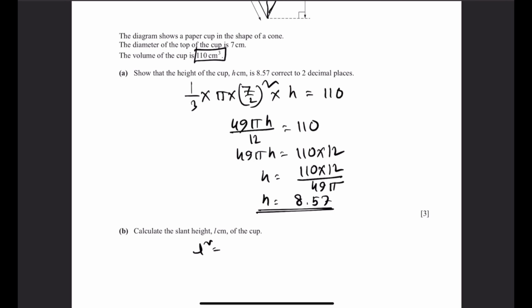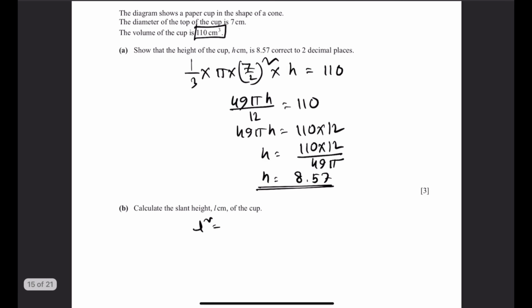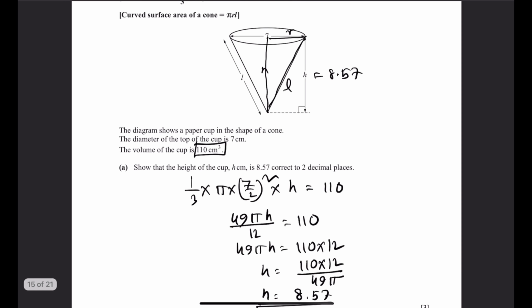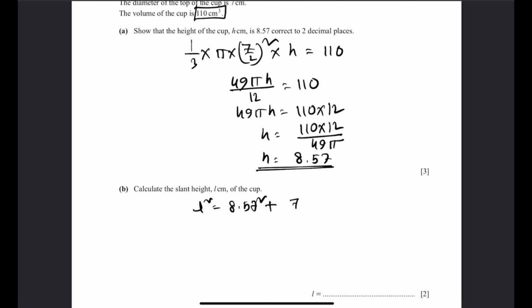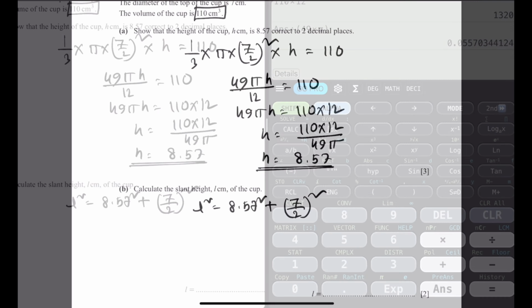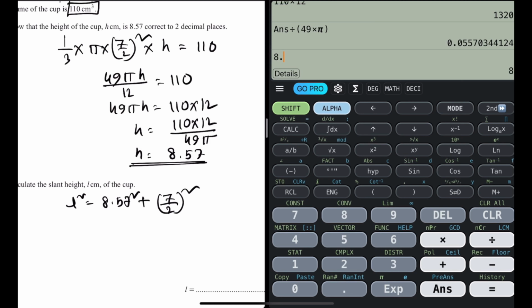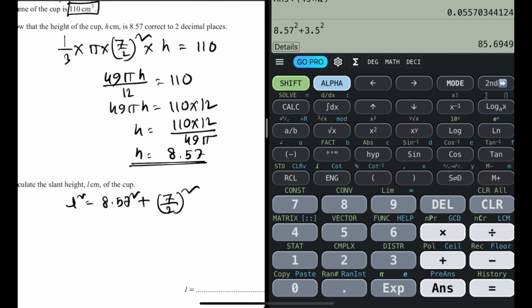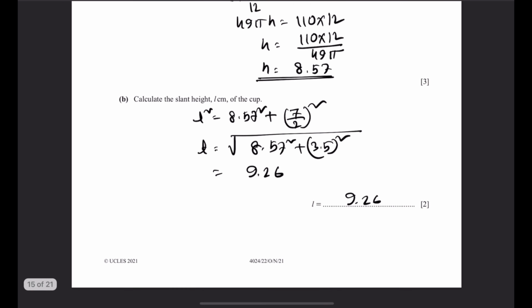L square equals to 8.57 square plus 7 by 2 square, I mean 3.5 square. 8.57 square plus 3.5 square, root over answer equals to 9.26. Its marks is 2.